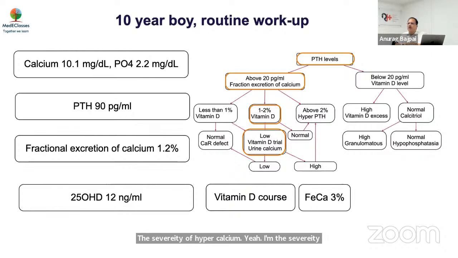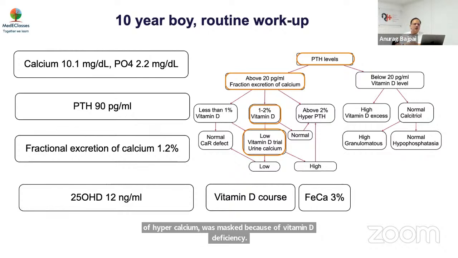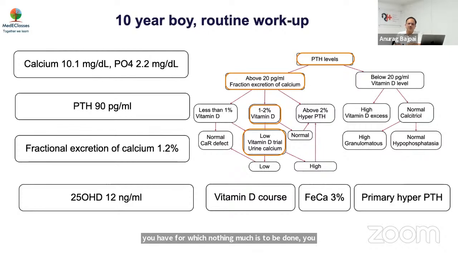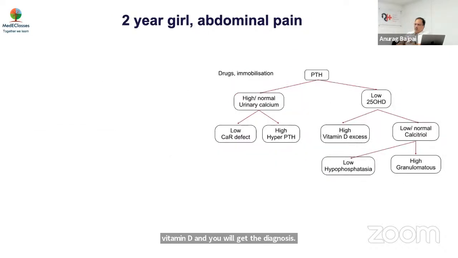This is very, very common in our setting. So before you label anybody as familial benign hypercalcemia, for which nothing much is to be done, you should look at vitamin D level and give a course of vitamin D, and you will get the diagnosis right in that perspective. Later on, with treatment, the calcium picked up.